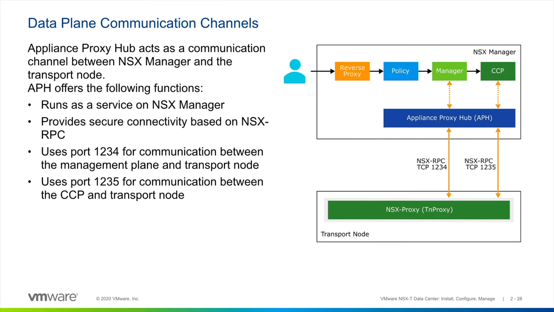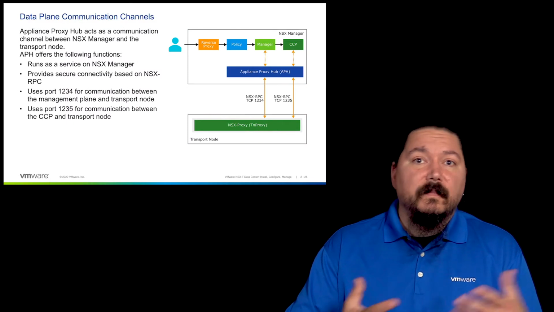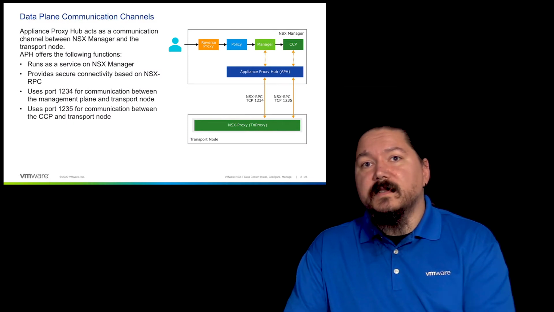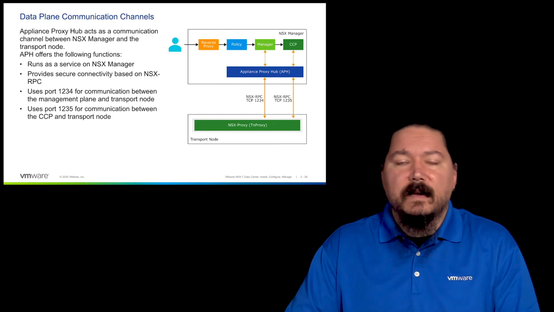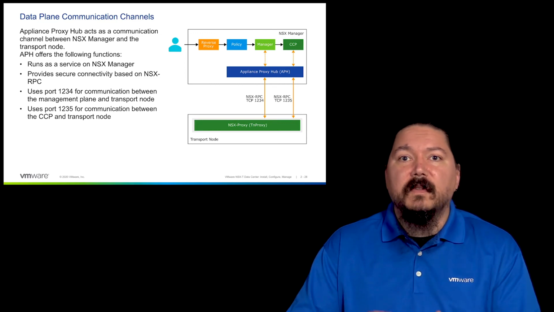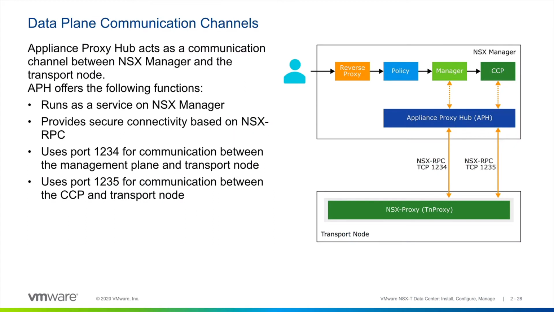So when we talk about things like, the control plane programs the data plane, the central control plane sends data down to the local control plane. Well, that happens between the appliance proxy hub service on the controller on the manager node and NSX proxy on the data plane node over TCP port 1235, right?